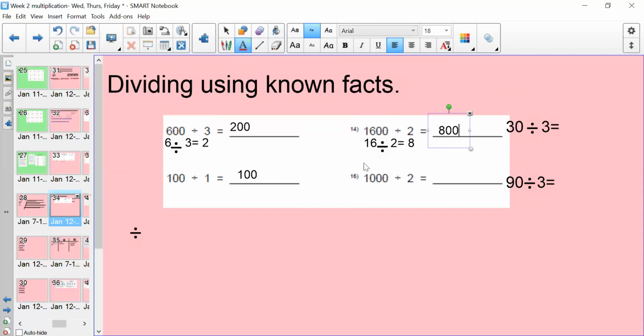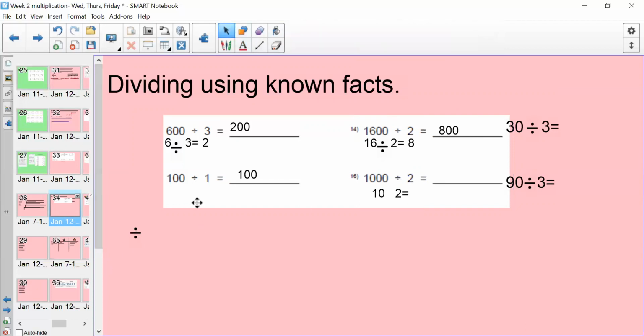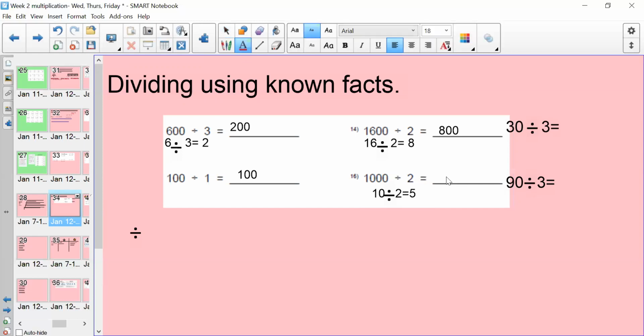Okay, and then with this one, we could use our known fact of 10 divided by 2, and we know that that equals 5. Therefore, 1,000 divided by 2 equals 500.